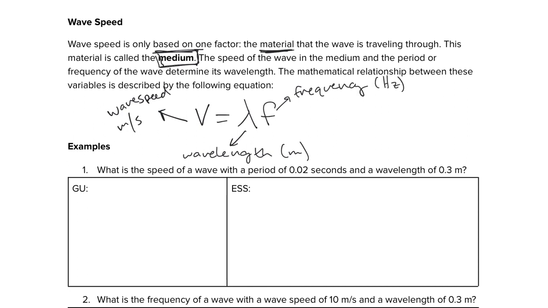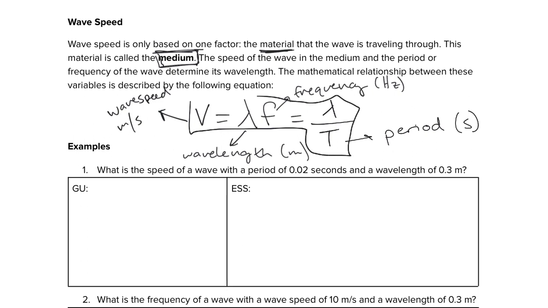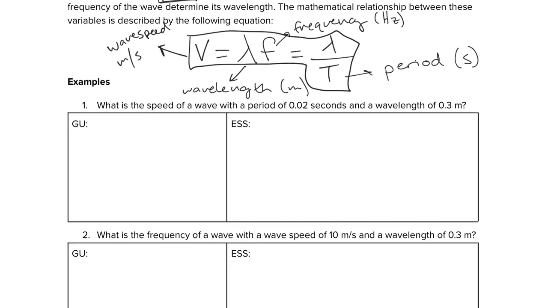But this can also equal lambda divided by T. So lambda is still wavelength, but T is period, which is measured in seconds. So as always, you're going to choose the sections based on your given, but this is your main equation. Velocity equals wavelength times frequency, which also equals wavelength divided by period. We'll see how to use that here in our next example.